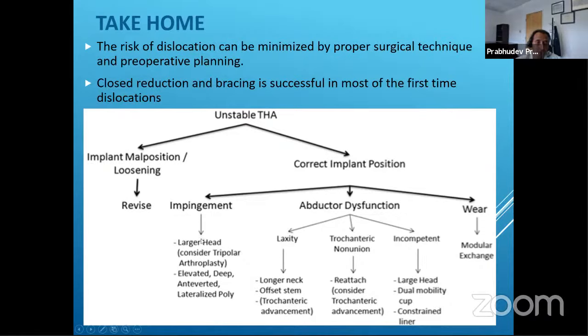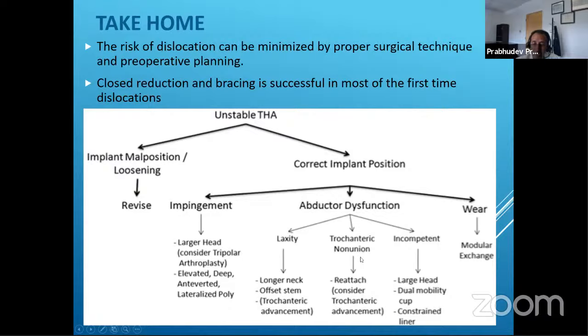Impingement is an important factor. We can try to reduce this impingement by using larger heads, dual mobility heads, elevated liners, and different types of liners, which can increase the offset and change the face of the cup. If it is secondary to soft tissues due to abductor dysfunction or laxity, again, increase the soft tissue tension by increasing the neck length and the offset. Trochanteric advancement may be considered.